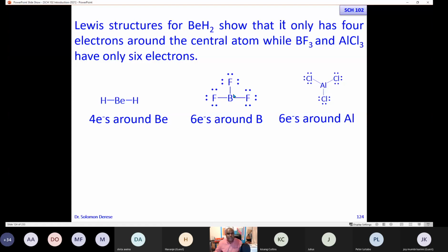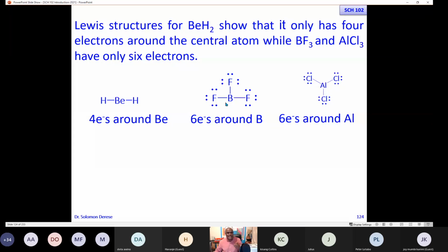They react so that they can accept an additional pair of electrons. When they accept an additional pair of electrons, they will have 8 electrons like carbon, nitrogen, oxygen, fluorine.